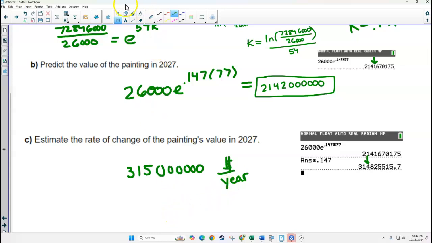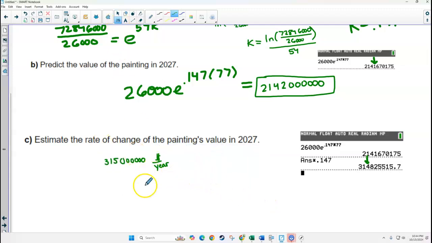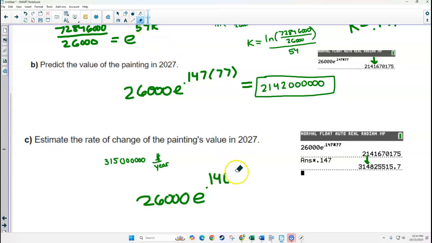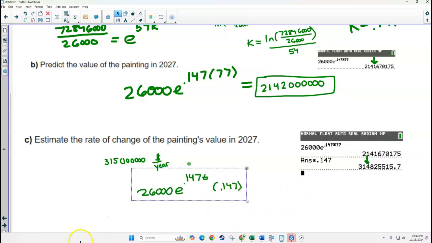You could find the derivative instead of taking that approach. This would be the more straightforward approach, but finding the derivative, hopefully you'll see, is going to amount to the same thing. Remember, the derivative would just be a matter of rewriting your continuous growth model and then multiplying by the derivative of the exponent and then evaluating at the t value we care about.